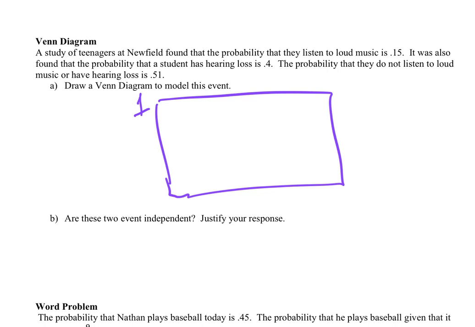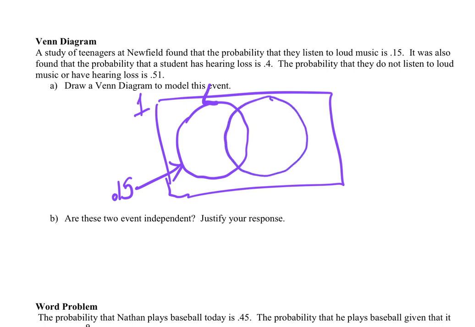So a study of Newfield teenagers found that the probability they listened to loud music is 0.15. So loud music, that circle would be 0.15. Also found the probability that a student has hearing loss is 0.4. So this is hearing loss, that's 0.4.